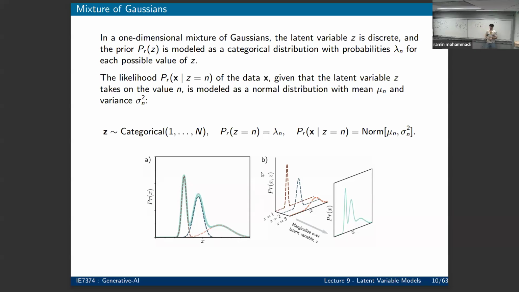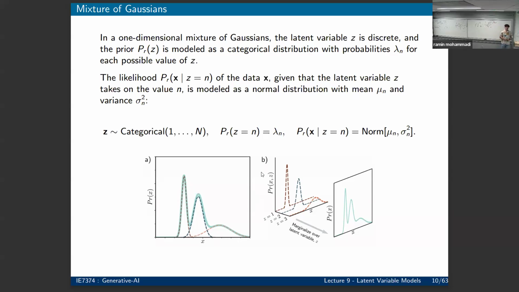If you plot this in 2D, you see something like this as a contour plot. Most of this area is empty and the density values happen here. That's where you have mixture of Gaussians.